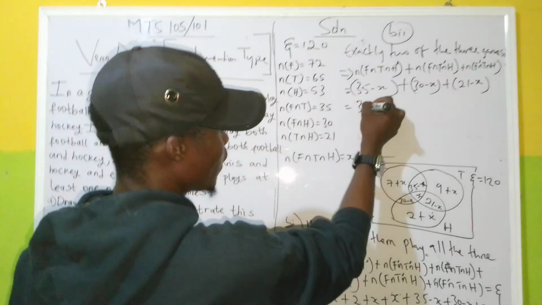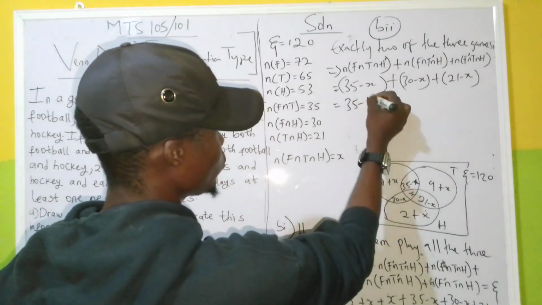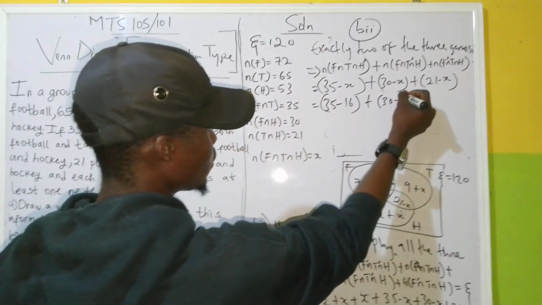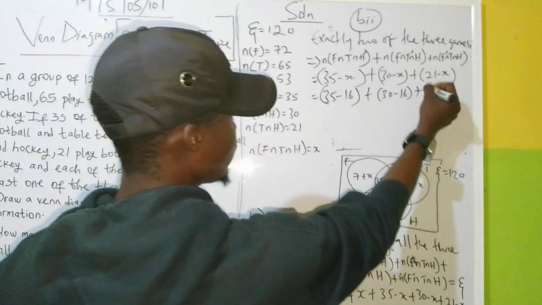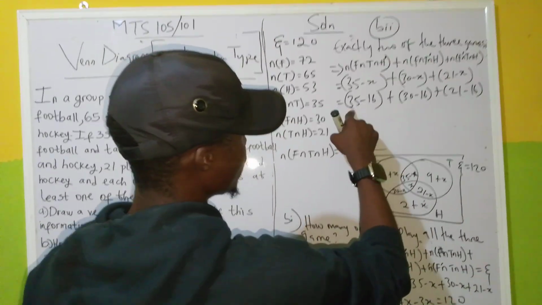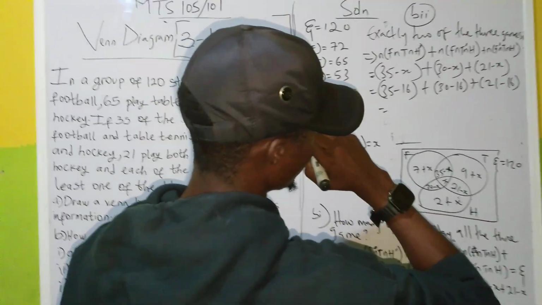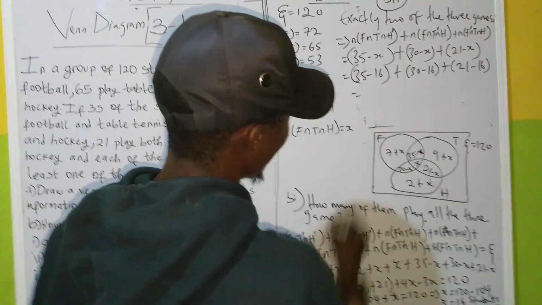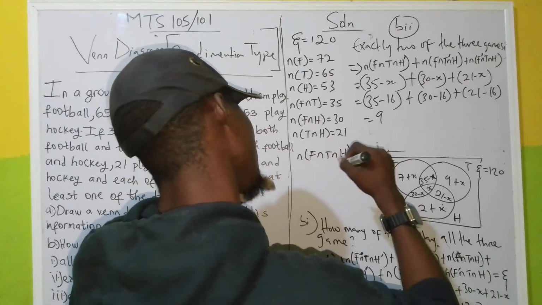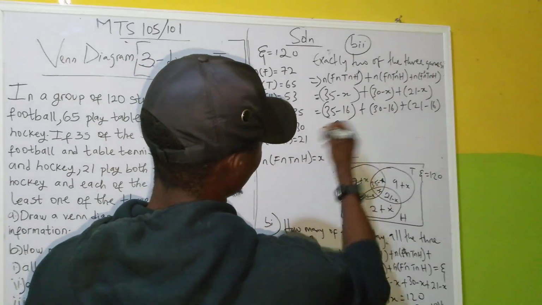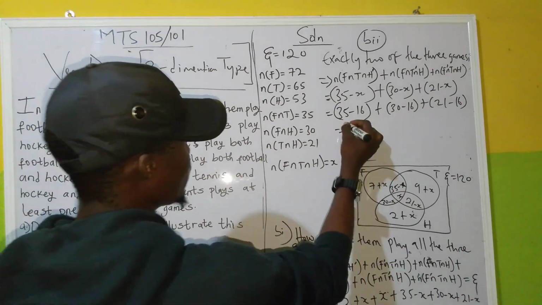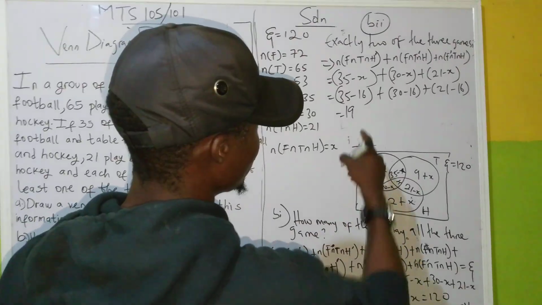So our x initially was 16. So you substitute the value of x, 16. 25 minus 16, so if you remove 16 from this one, that's 9, right? Is it 9 or 19? Yeah, 19. Okay.